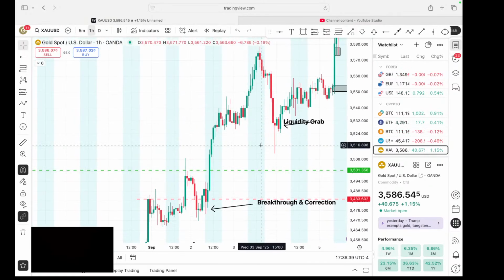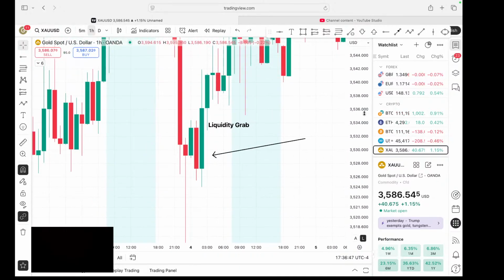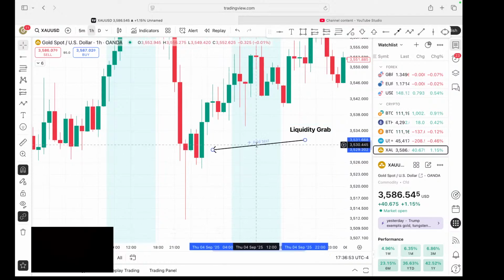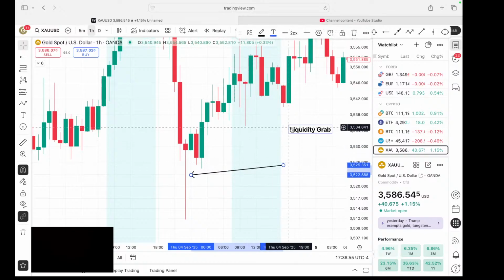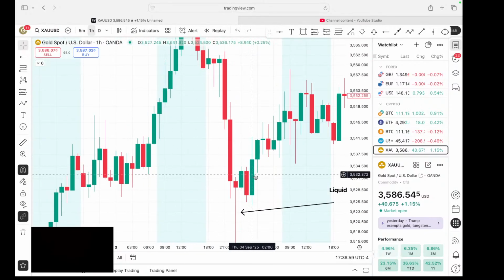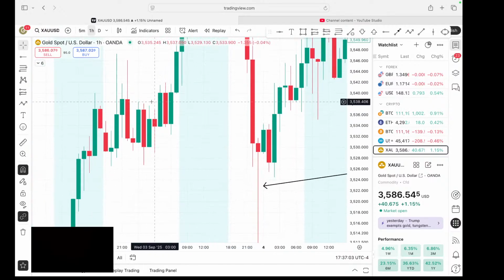So I'm going to show y'all what this looks like. Delete all these. All right, so a liquidity grab is this, what I was talking about right here. So resistance, or I should say support, is like right here, right? This is all support stuff.